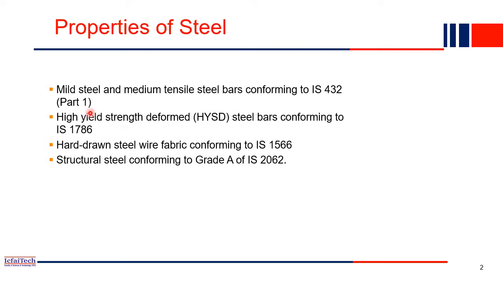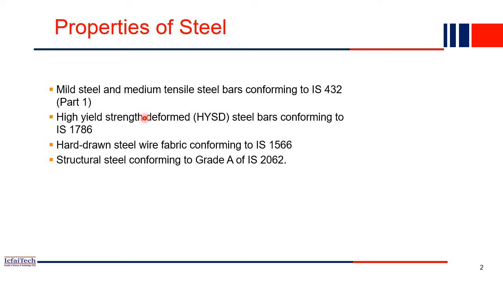Similarly, HYSD bar, that is high yield strength deformed bar, is covered by IS 1786. In that IS code you will find what the properties of HYSD bar should be. Similarly, hard drawn steel wire also has its own code. Steel wires are used in flyovers or prefabricated structures. But nowadays, mild steel bars have been progressively replaced by HYSD bars and subsequently TMT bars.